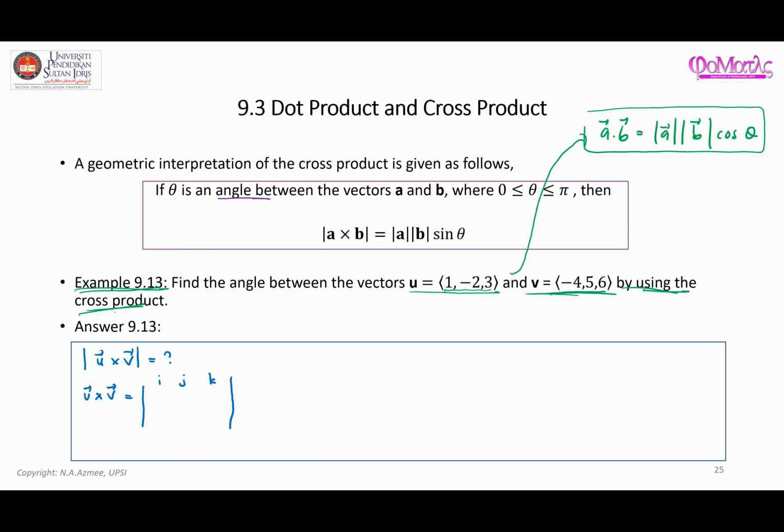I don't need to remember the formula. So for the first one is vector U, 1, -2 and 3. Vector V is -4, 5 and 6.